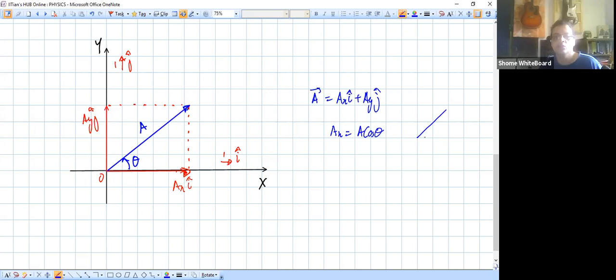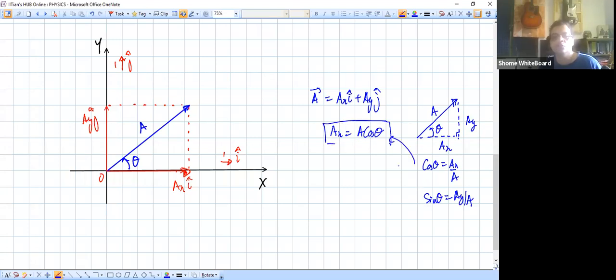If you draw this right angle triangle, this side is ay, this side is ax, this hypotenuse is A, and this angle is theta. So cos theta is base upon hypotenuse, and sin theta is perpendicular upon hypotenuse. So from this we get this relation, and accordingly from this we get the relation that ay is A sin theta.